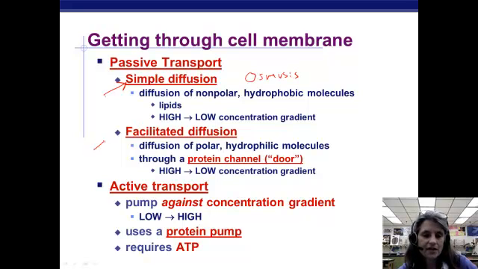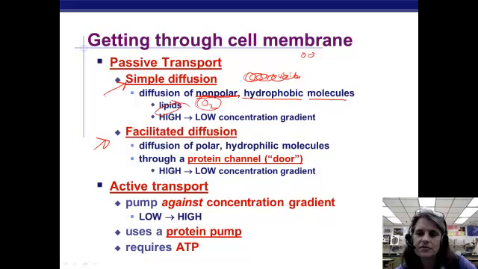Simple diffusion of non-polar hydrophobic molecules, meaning like lipids or oxygen, which is non-polar. We discussed that already, and it's very tiny. These are things that can squeak right in between phospholipids because they're either tiny or nonpolar, or most likely both.